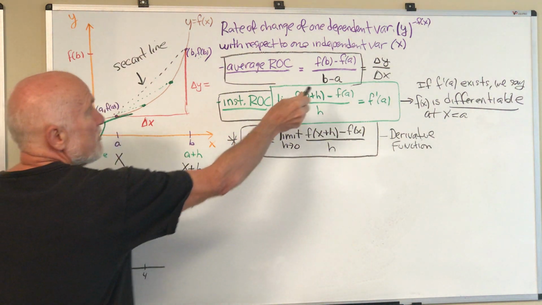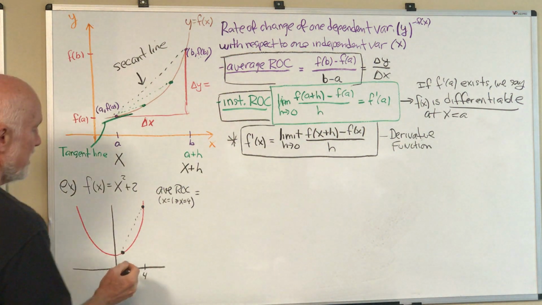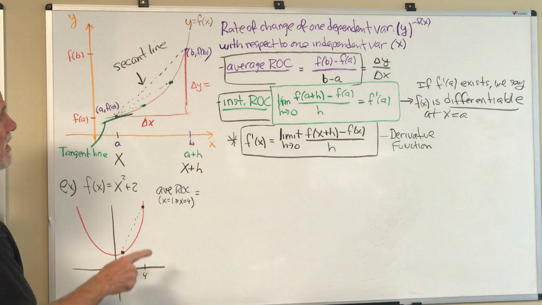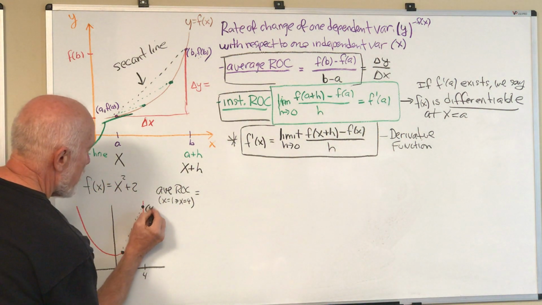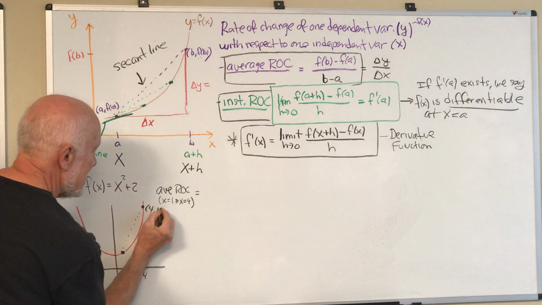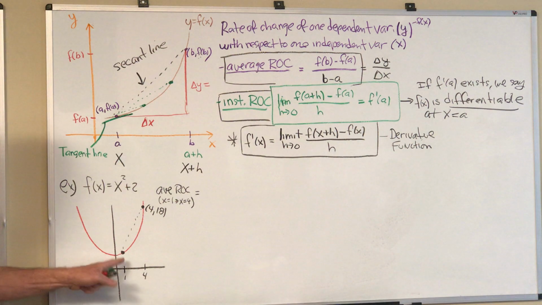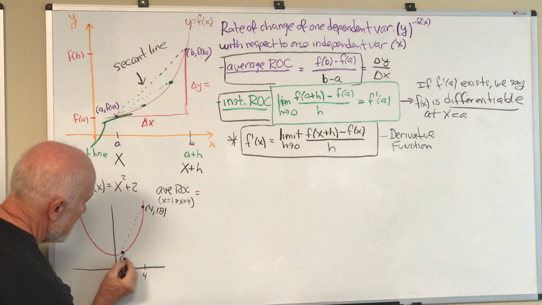We can find it from this formula. We're just going to find the slope of this line. So it's going to be f of 4, and what is this point going to be? 4 comma 16 plus 2 is 18, and at 1 you're going to be at the point 1 comma 3.